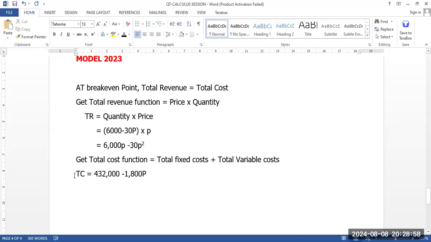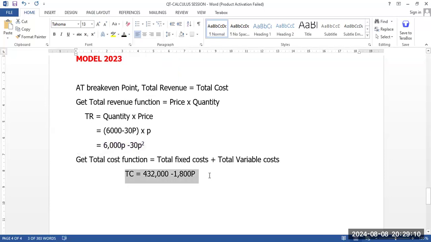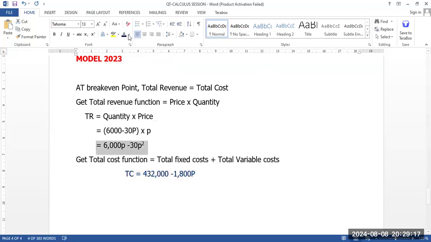So you have here the cost function and the revenue function. And we say that at break even, total revenue is equal to total cost. So you equate.